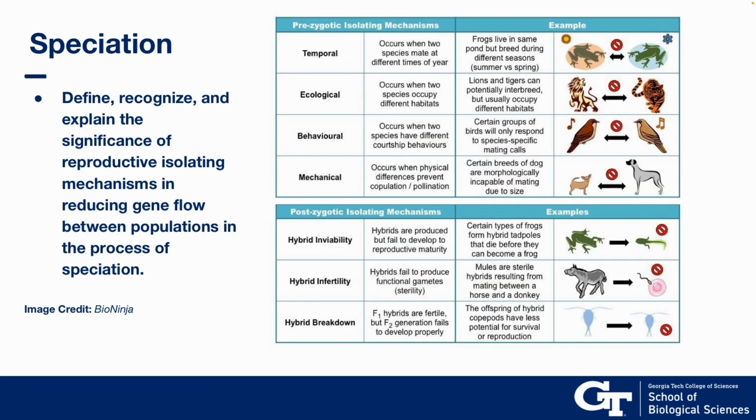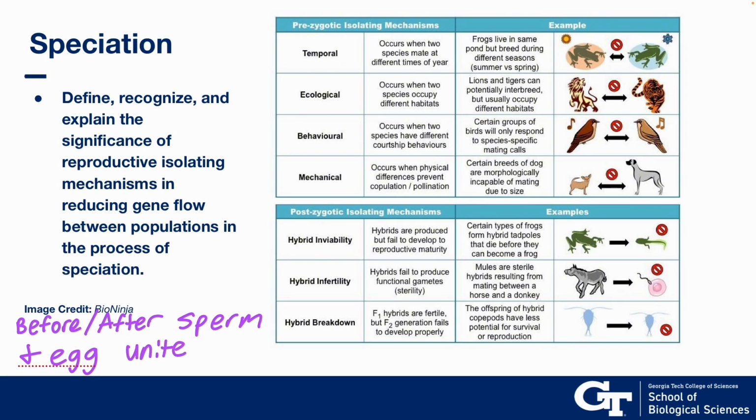So now we're talking about the two reproductive isolating mechanisms. These are going to be either prezygotic or postzygotic. Pre and postzygotic is a fancy way of saying before or after the sperm and the egg of two species unite to form a zygote.